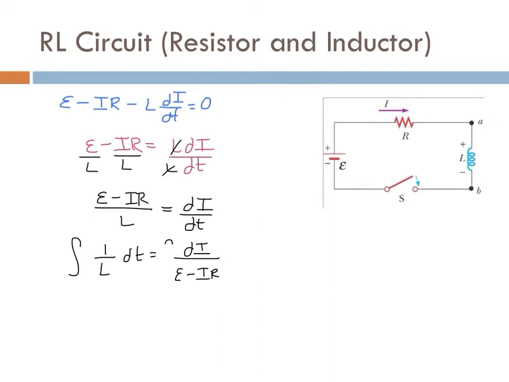So we can do the exact same thing that we did with capacitors. We're going to take the integral of both sides. On the left-hand side, this simply becomes t, because that is the only thing we're taking the integral with respect to. On this side, u is equal to sigma minus IR. If we take the derivative of that, that's negative R di.